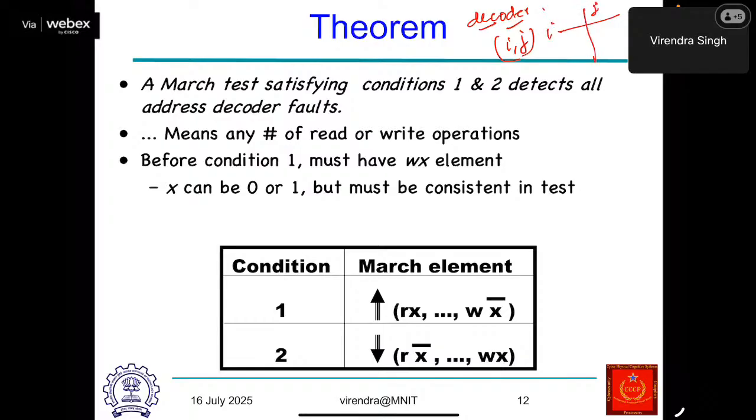If it does something wrong, this may change, and it may excite the ith row and kth column. In that case, what will happen? This will excite the ith row and kth column.